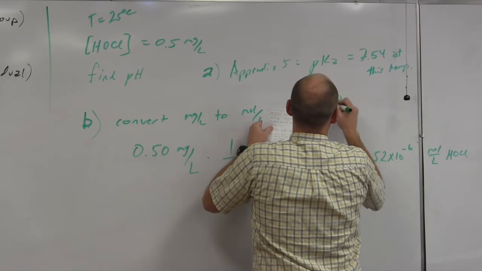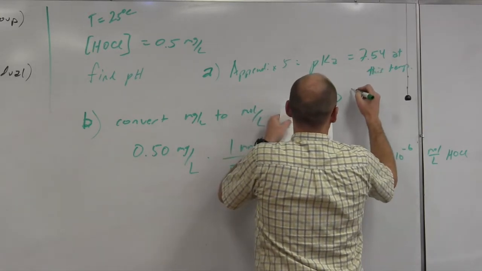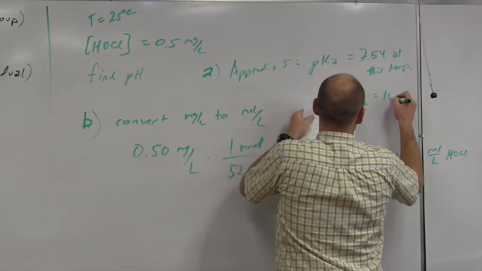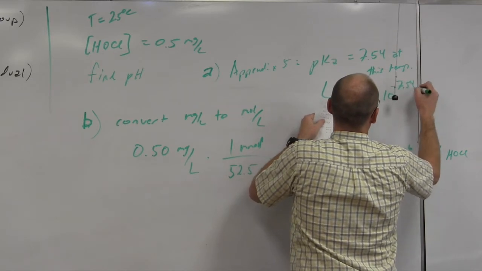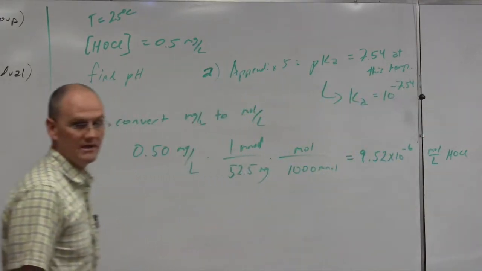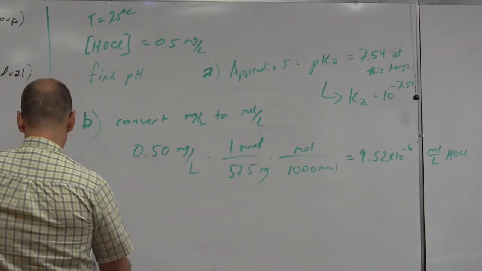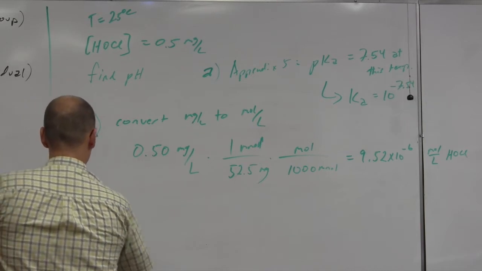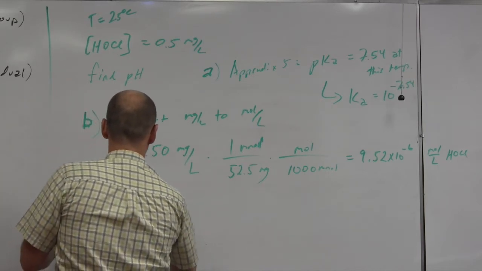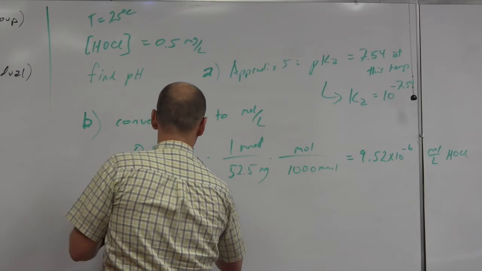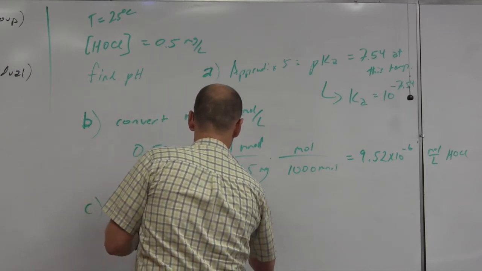And so if the pKa is 7.54, then the Ka is 10 to the negative 7.54. You guys remember pKa's and Ka's, right, from chemistry and other classes? I hope so. Okay, now part C then, we're going to write the equilibrium expression.